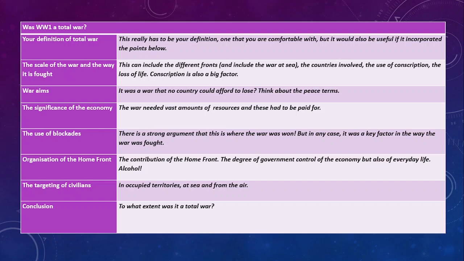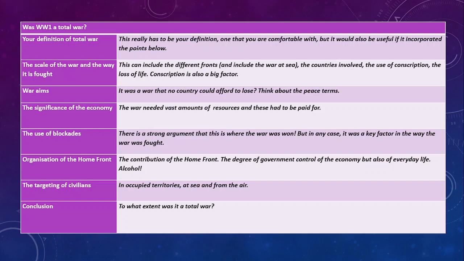It can include whether it's limited to professional armies, or whether some form of national service, or with the war underway, conscription, had extended the number of soldiers that could be called upon. In World War I, as in World War II, recruits from the European empires added to the size of the armies too. And the war aims of the belligerent powers adds to the sense of scale.